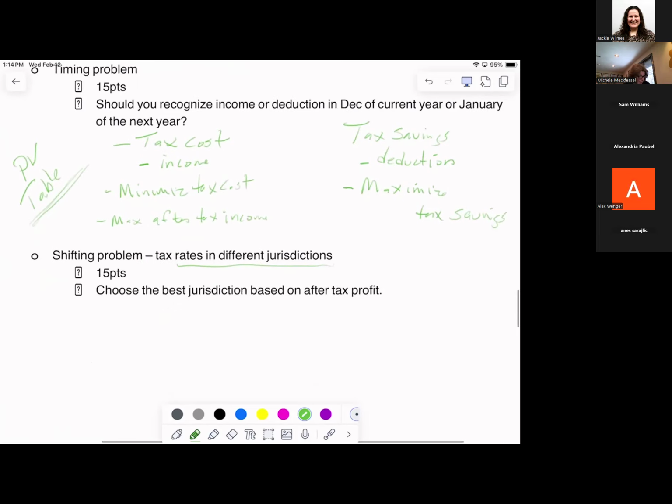All right. And then finally, you'll have a shifting problem that deals with different jurisdictions. And we did one in class like this too. This was the Hyundai problem. And I think there's a homework problem that's very similar as well. Okay. And so you will be given what their pre-tax profits.